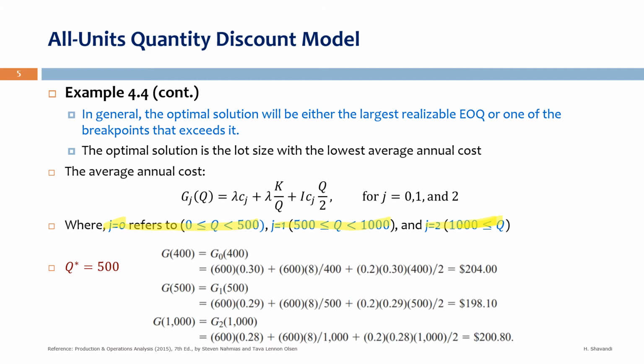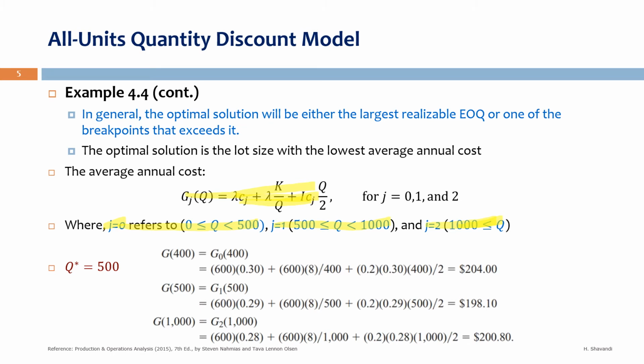In order to calculate the average annual cost, we have this equation, right? Lambda times C, since the unit purchase price is different in each case, so we need to consider the purchase cost as well.